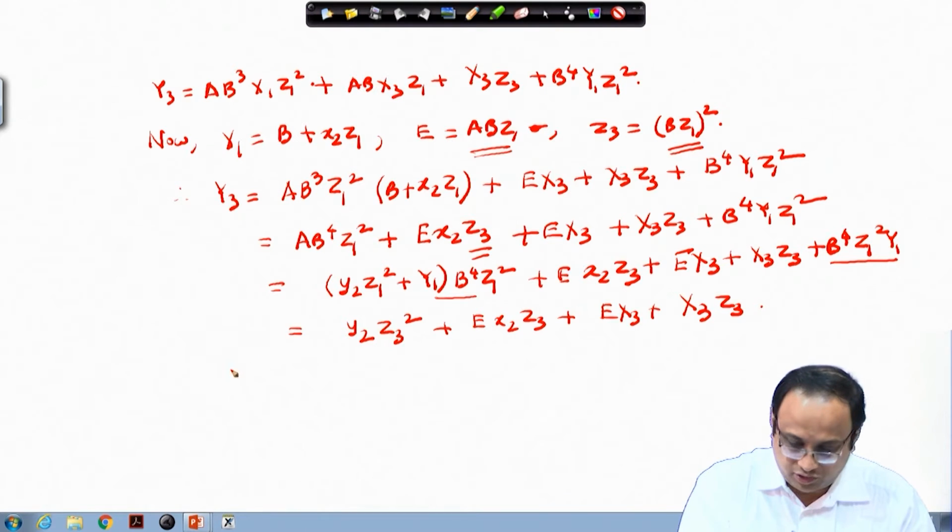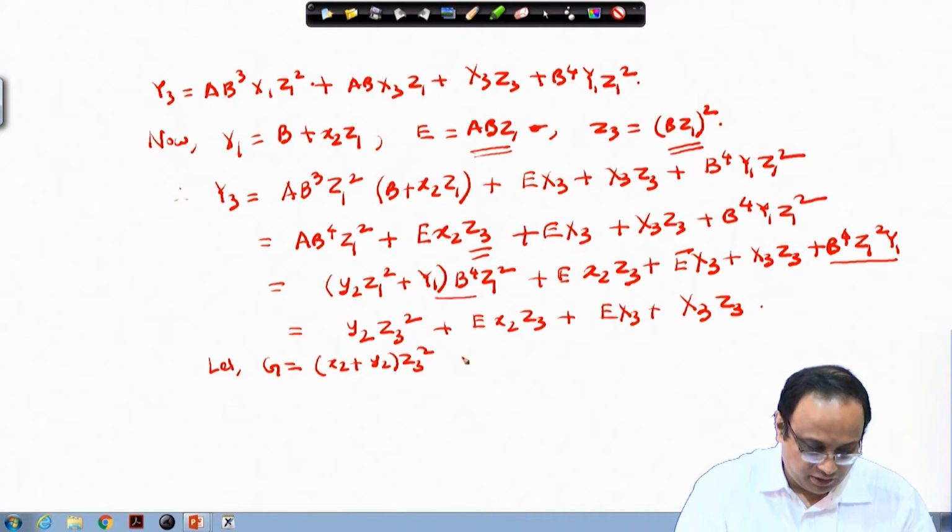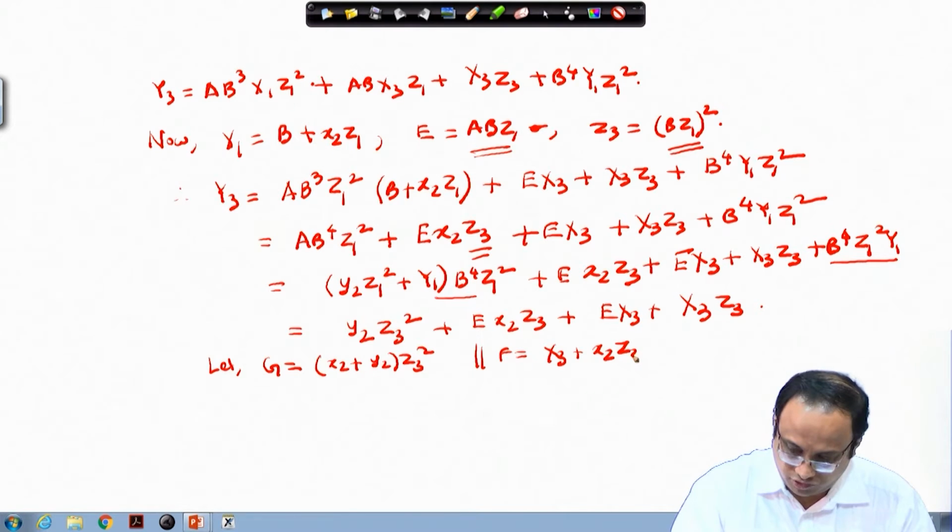Then I can also write a few more substitutions, like say g is equal to x2 plus y2 into z3 square, and f is equal to x3 plus x2 z3.